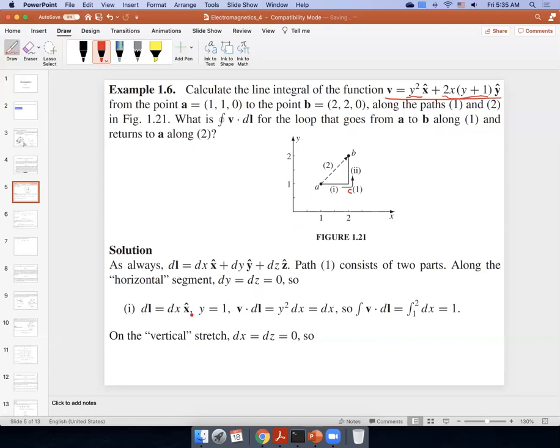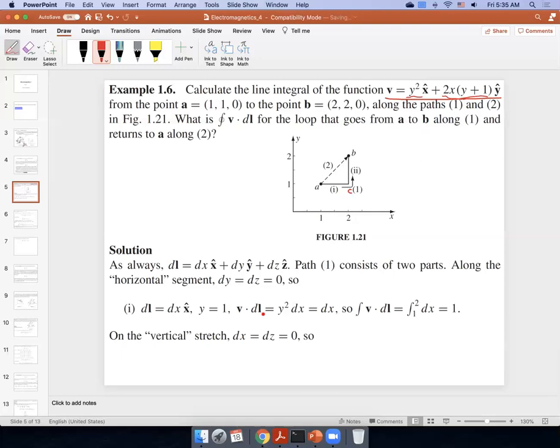Now, we also know in this I path, the value of y is 1, then let's calculate v dot dl. So v is shown here. It's a vector. If we use v dot dl, it has x and y components, but dl doesn't have any y component. So the dot product will not result in any y component.